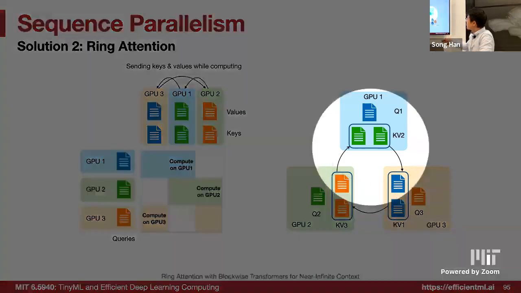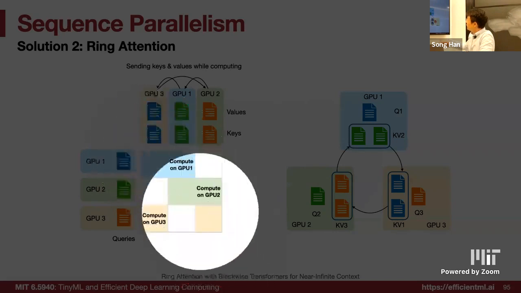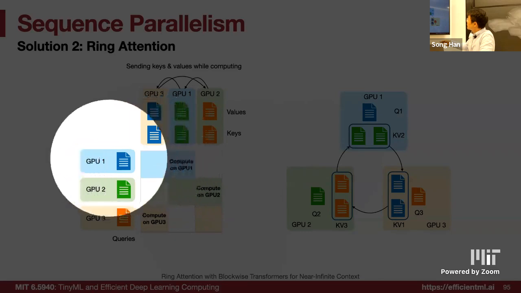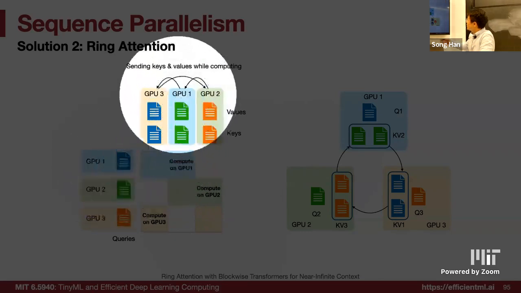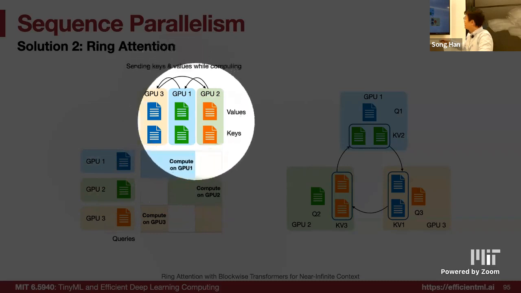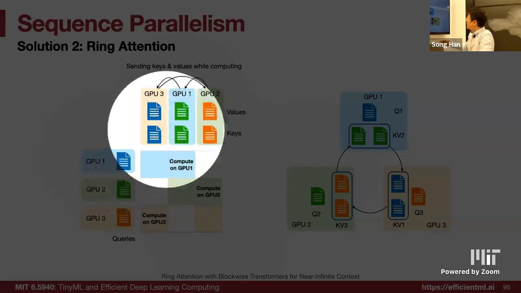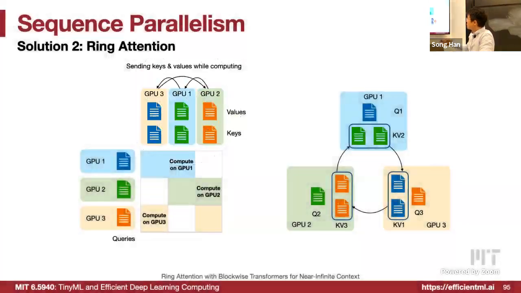GPU1 and 2, such that we are no longer computing only the diagonal, but also attending between the first third and the second third of the document. So this is the first third of the document, previously on GPU1. Now GPU1 and GPU2 switched.